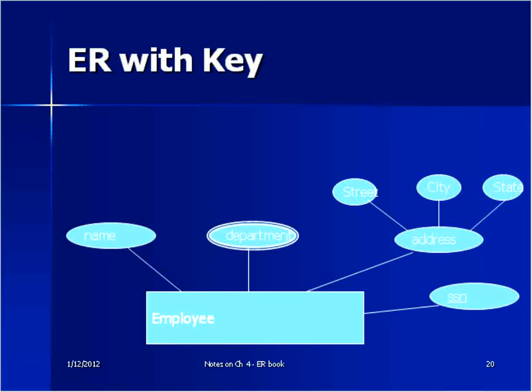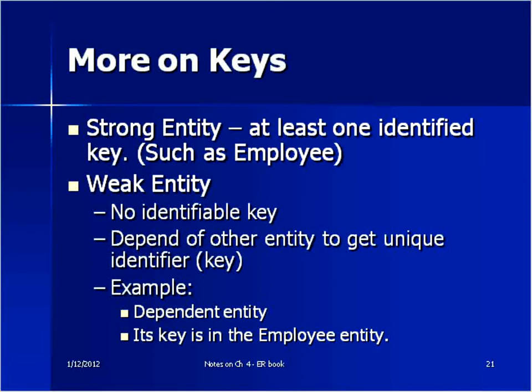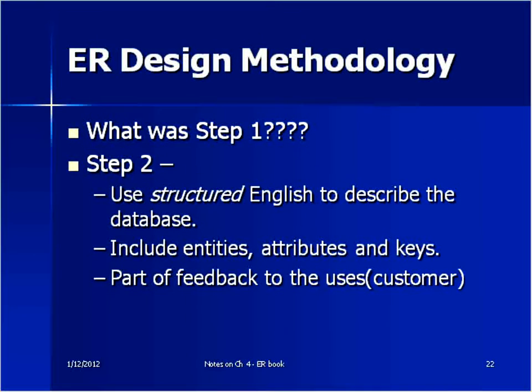So a primary key is shown underlined in an ER diagram. On slide 21, we say more on keys, and we talk about strong entities and weak entities. I'm not going to elaborate on this so much here because we have a whole chapter on weak entities. So we'll talk about weak entities when we get to that chapter.